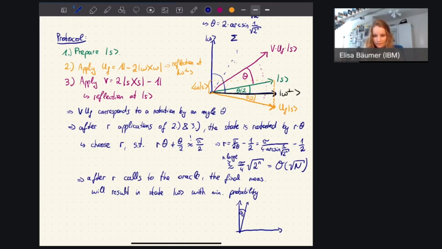And in that case, if this angle is theta over 2 between here, so that would be the W state and the W orthogonal state, then the probability that it collapses onto W would be 1 minus the probability that it collapses onto omega orthogonal, which is sine squared of theta over 2.